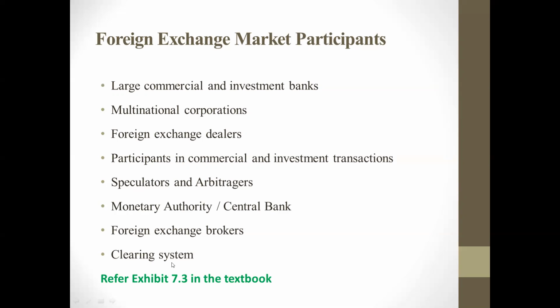Normally the country needs to have a foreign exchange clearing system. If you refer to the Lanka Pay clearing system, they make the intermediate process between banks and customers to make the clearing system. Please refer to your textbook exhibit 7.3 for more details regarding foreign exchange market participants. These are very important to you.